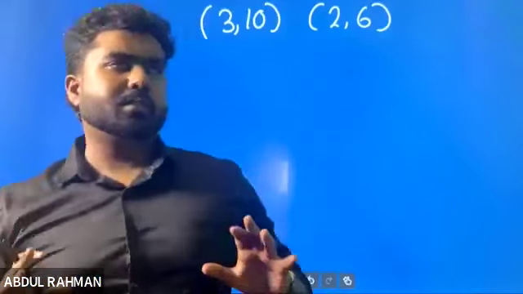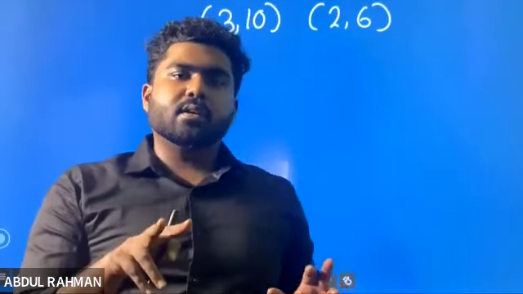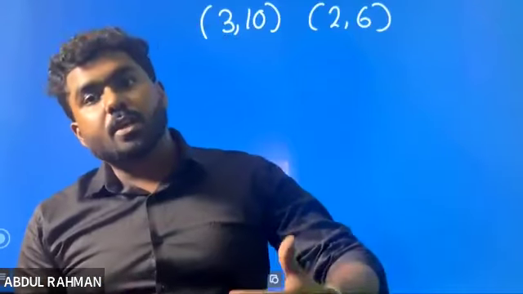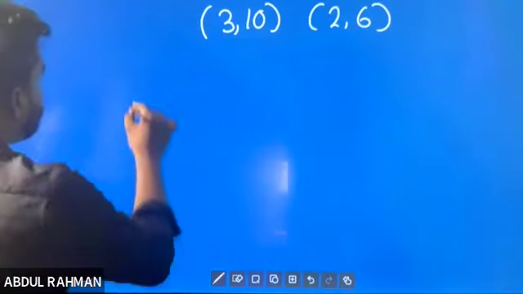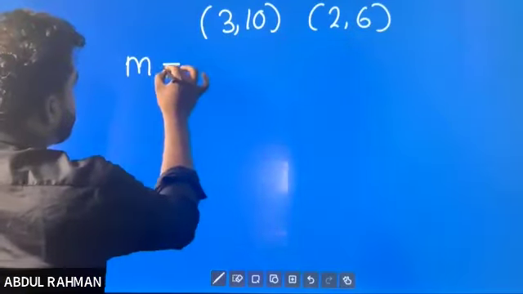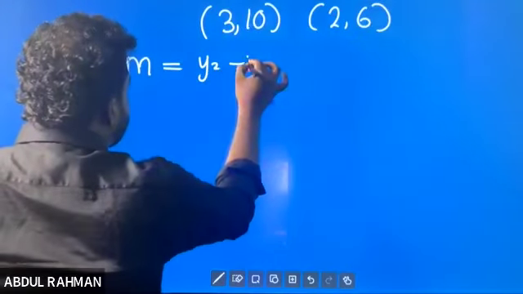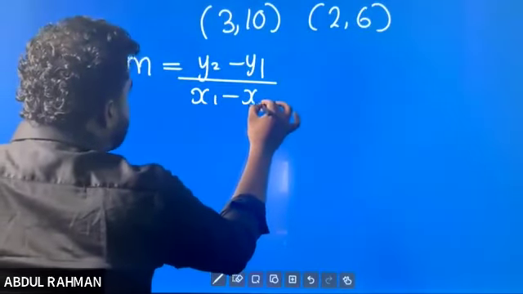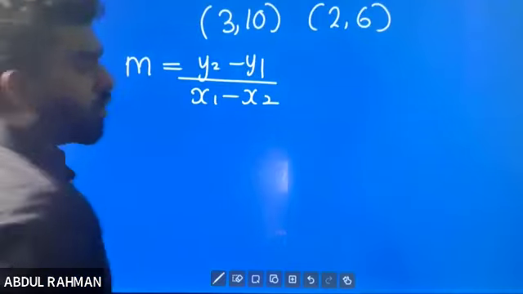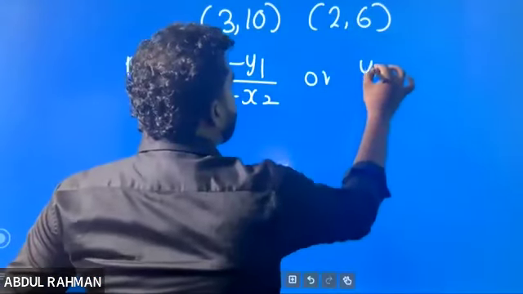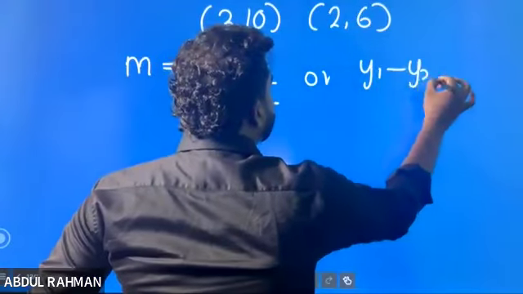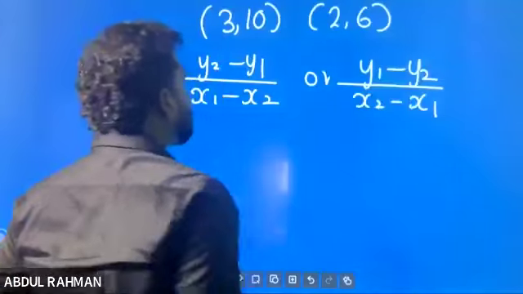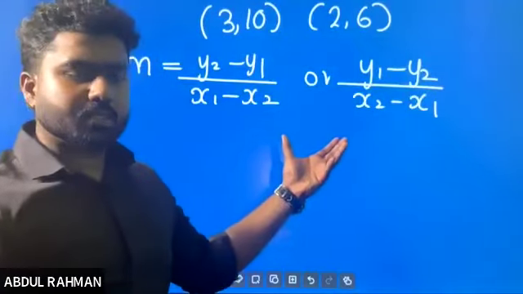Now think a little bit. Two coordinates are given, and if they are asking for the gradient, what formula do I use? It should be m is equal to y2 minus y1 over x1 minus x2, or y1 minus y2 over x2 minus x1. This should be the formula, right?